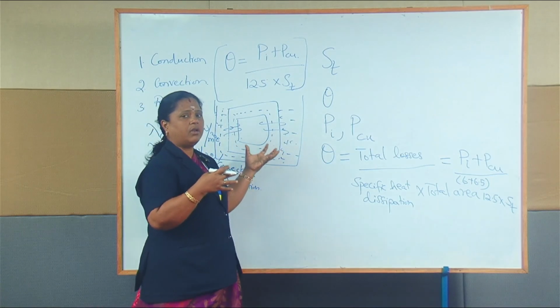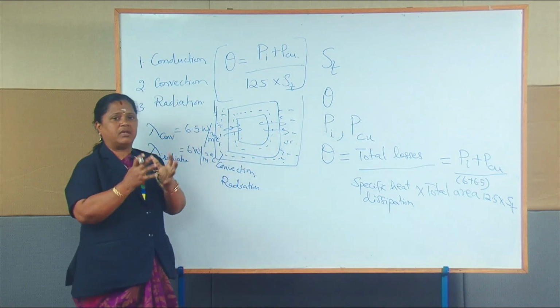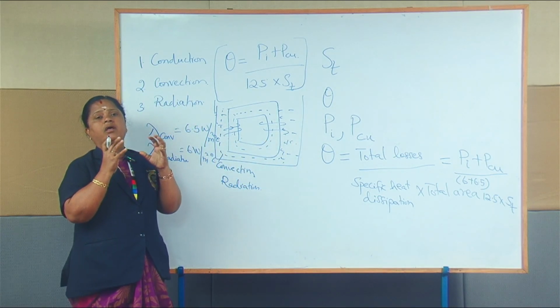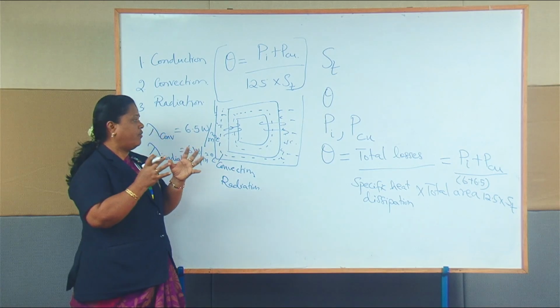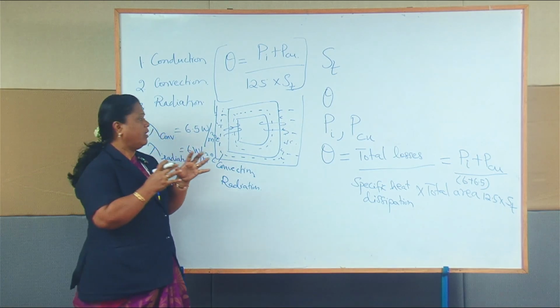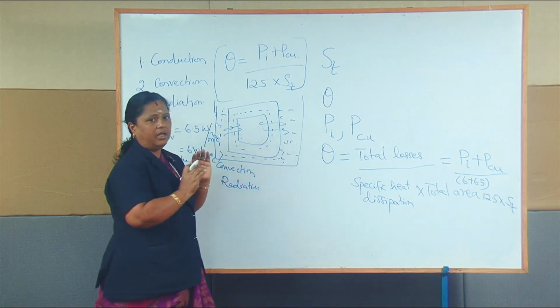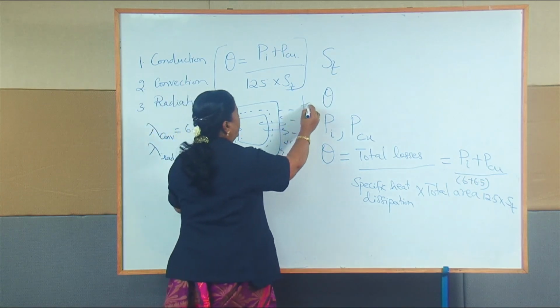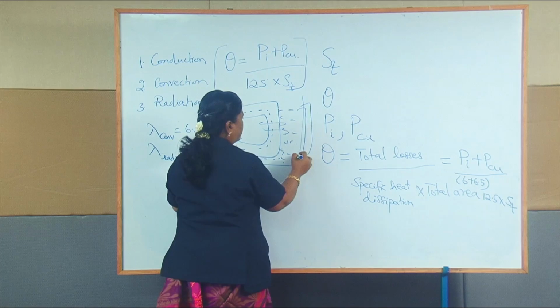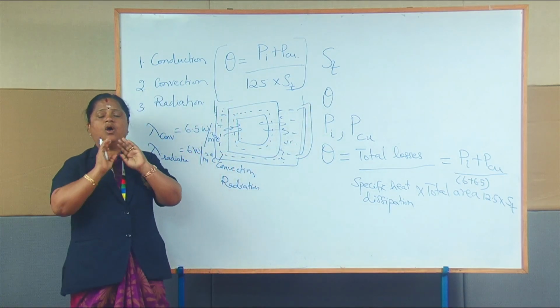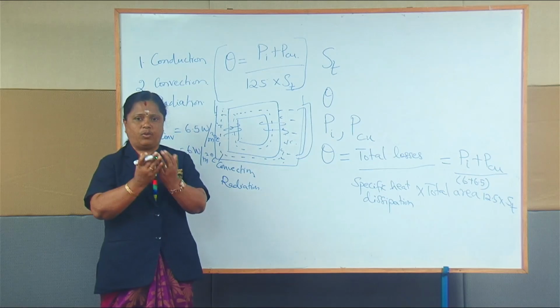In that particular section where the space constraint is there, or for economical reasons, we will keep the same tank area, but we are going to provide cooling tubes on the surface of the transformer.